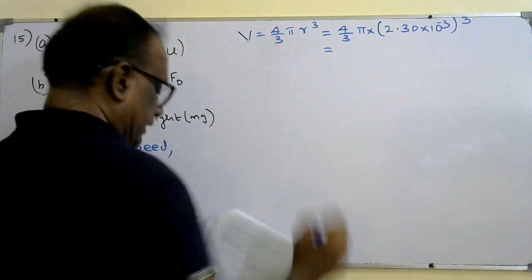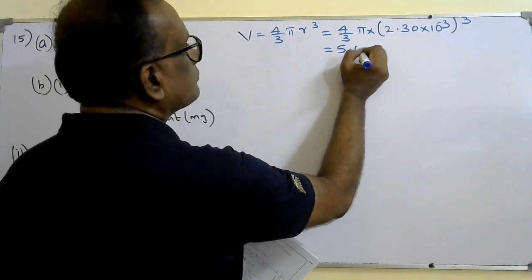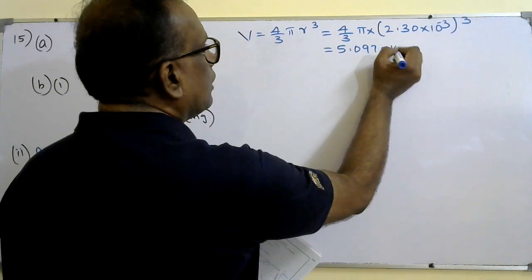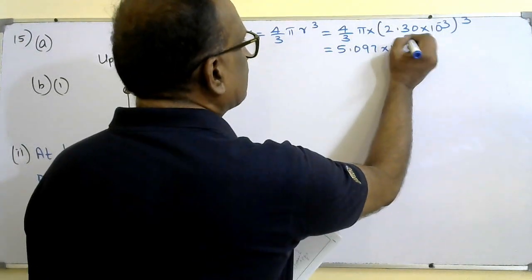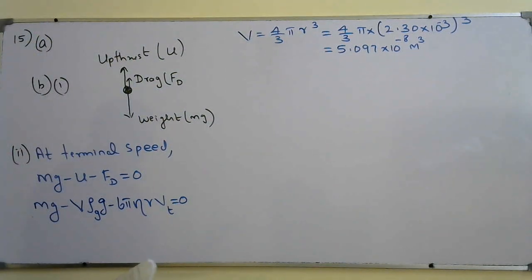So that's going to be 5.097 × 10^-8 meter cube. That is the volume.